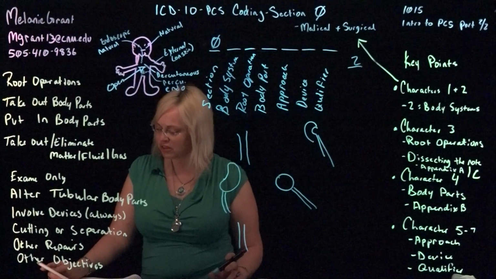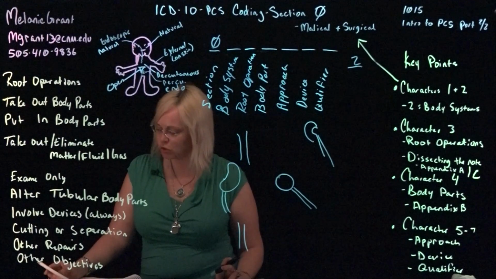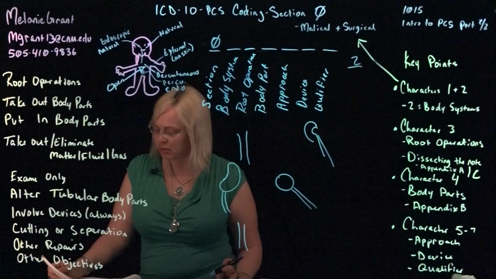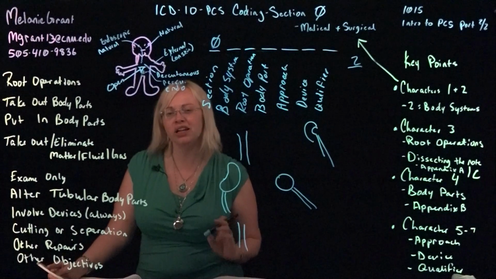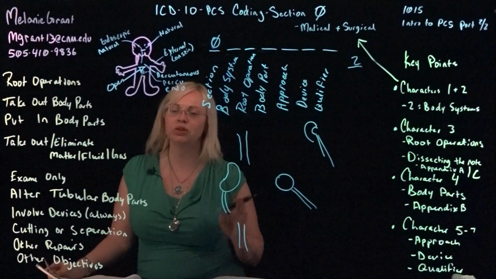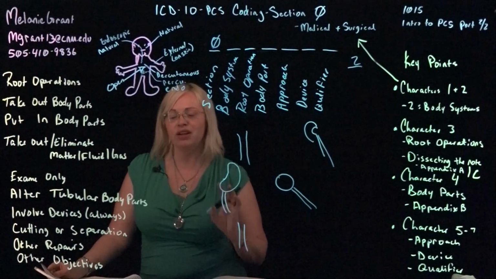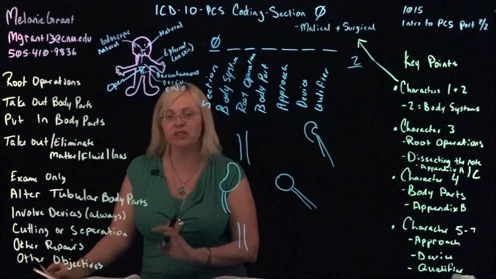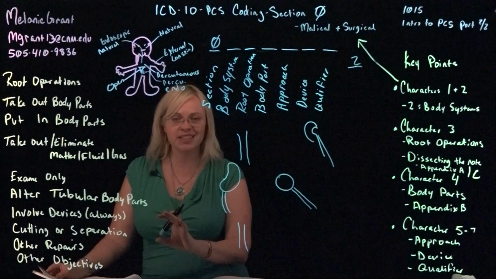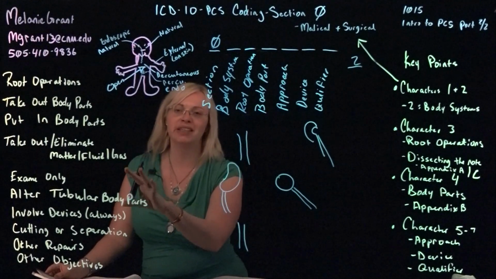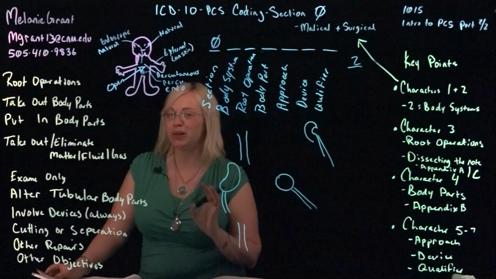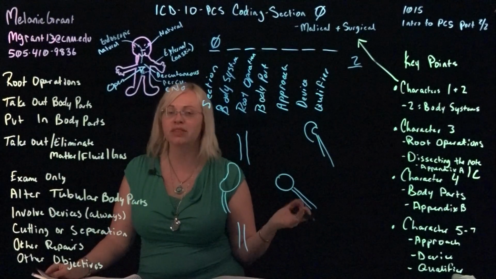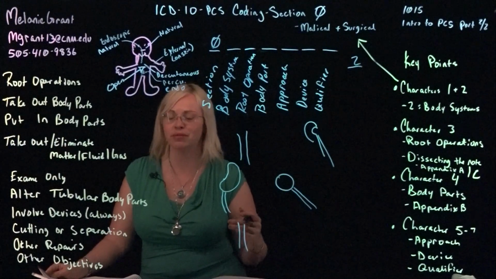When we insert the device or remove the device, those ones are going to be identified as either insertion or removal. But then we also have replacement, and a lot of times coders get this confused with the root operation for change. Now, when we talk about root operations that involve a device and we change a device, that's only changing the device itself. When we talk about replacement, we're actually not replacing the device, but rather the body part that the device is taking the place of.